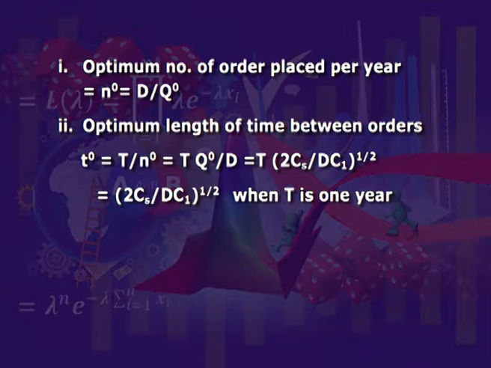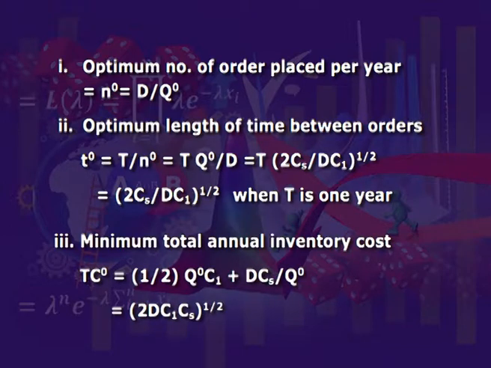On simplification, we get under root 2 CS divided by D C1 when T is 1 year. Number 3, minimum total annual inventory cost, which is denoted by TC0, given by 1/2 into Q0 C1 plus D into CS divided by Q0. On simplification, it becomes under root 2 into D C1 into CS.